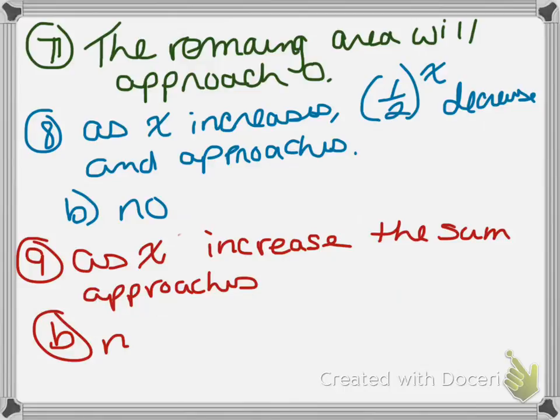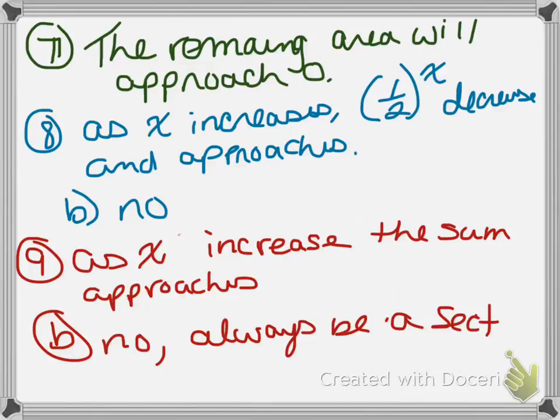So no. There will always be a section unshaded. Right? And that makes sense. There's always going to be a section shaded, there's always going to be a portion unshaded.